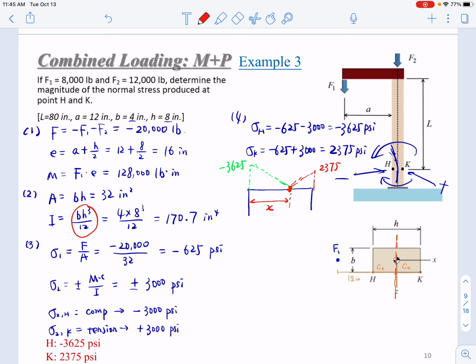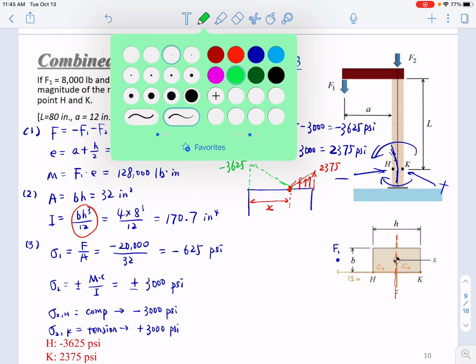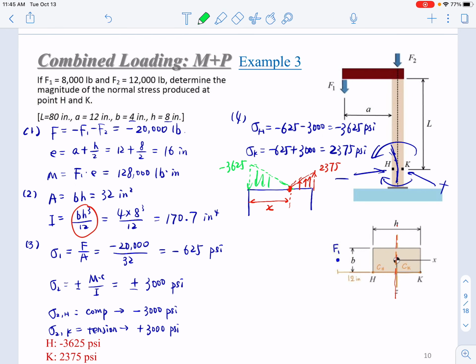Okay, so obviously here you have two similar triangles. In these two similar triangles, you can get an equation that is 3625 over x equals 2375 over h minus x.